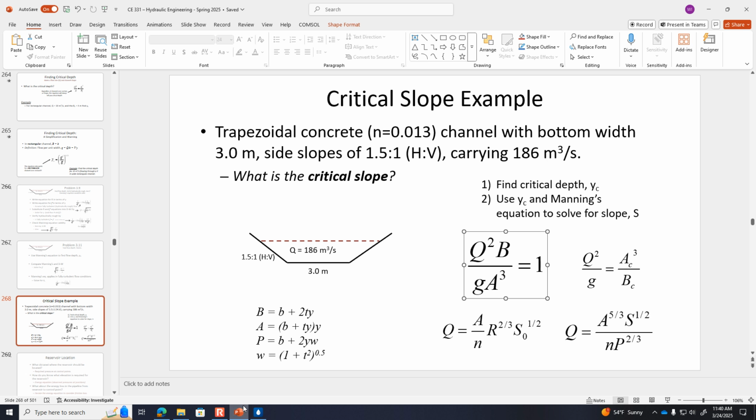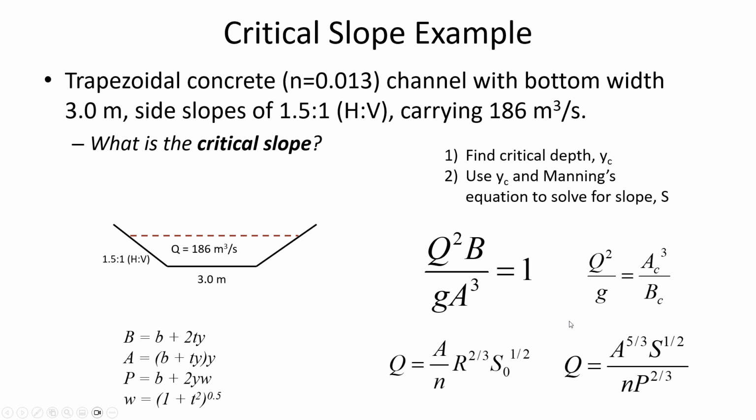So that means that if we send 186 cubic meters per second through this channel, and we have it set at the critical slope, then the depth would be 4.12 meters. That's the slope that would cause it to flow at 4.12 meters. Now, we haven't found that slope yet. That's going to be part 2 of what we're doing.